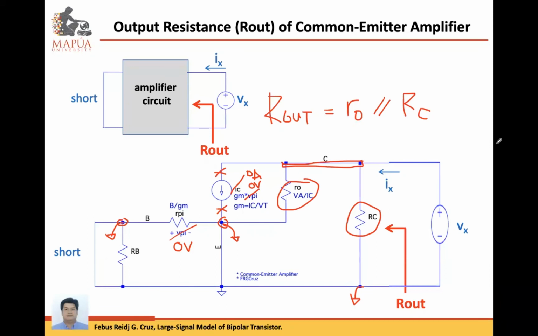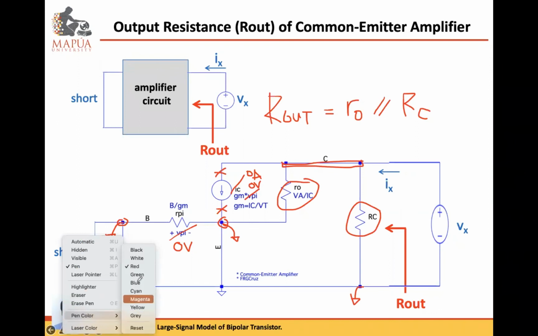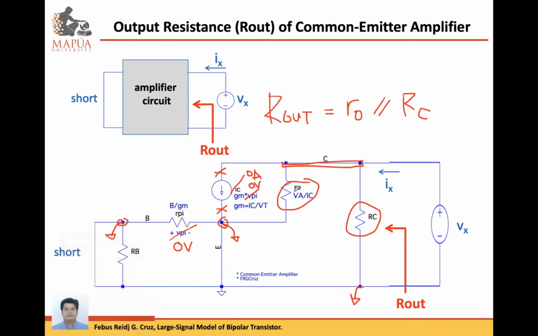Yes. Yes po. All right. Now, in case we have a condition, let's say the problem states that neglect the early effect. Again, what do you mean by neglect the early effect? It means that VA is equal to infinity.